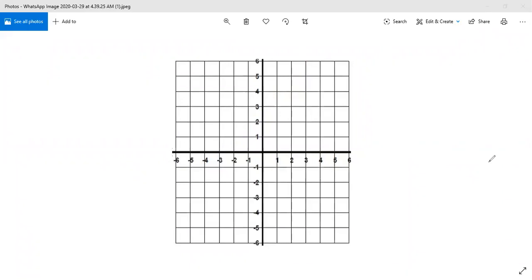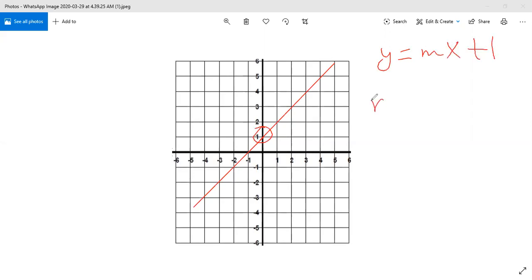Look at the graph. Look at the red line. The red line intersects the y-axis at which point? 0 and 1. Yes, very good. So this point, between the straight line and the y-axis, gave me 1. So y equals mx plus 1.